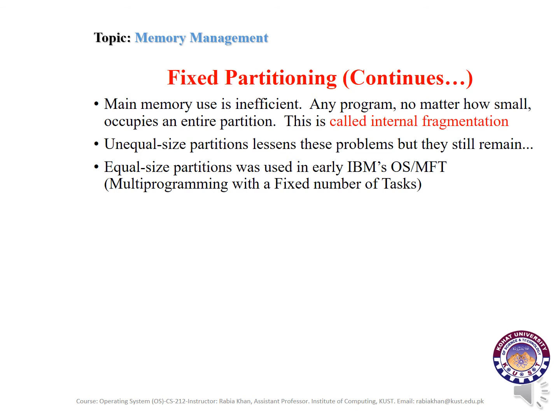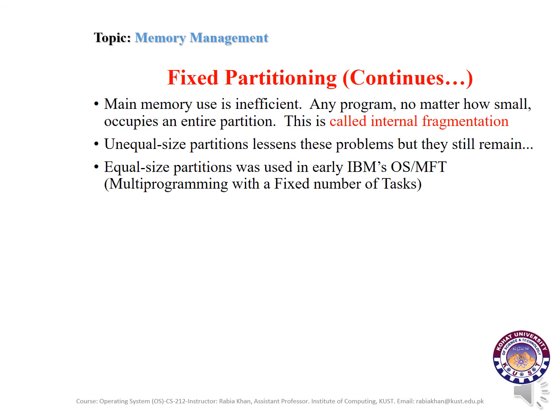This problem is very much evident in equal sized fixed partition, as all the partitions are of the same size, and a process would waste the same size of partition no matter in whatever partition you place it. But unequal fixed size partition lessens this issue. How? Only the smallest available partition which can accommodate the size of the process will be utilized and less internal fragmentation will be created.